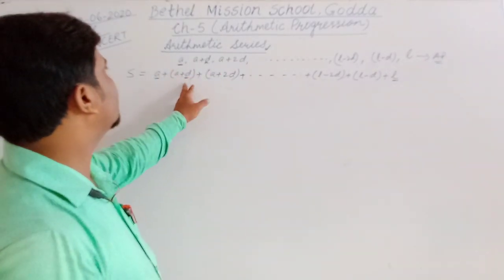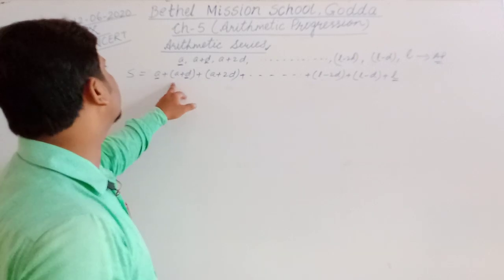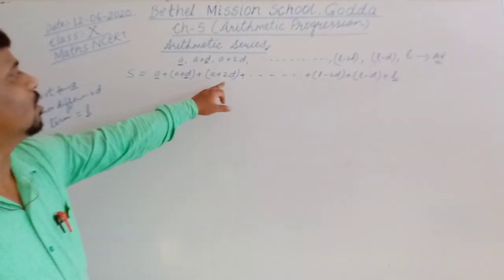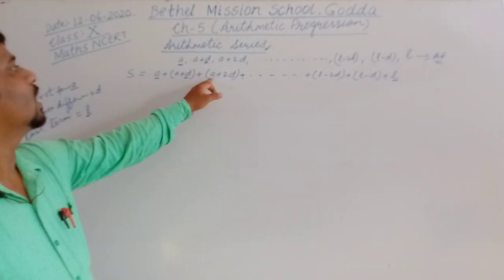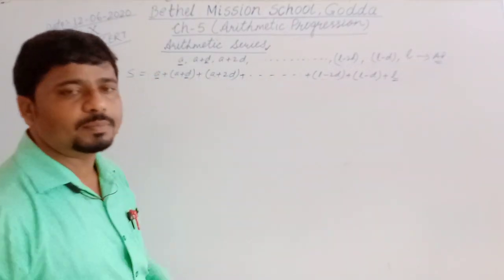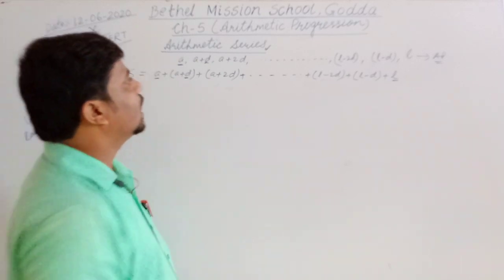When you want to find the third term, again you need to add the common difference. So A plus D, A plus 2D is here. After that, for getting the fourth term, it will be A plus 3D, and so on.